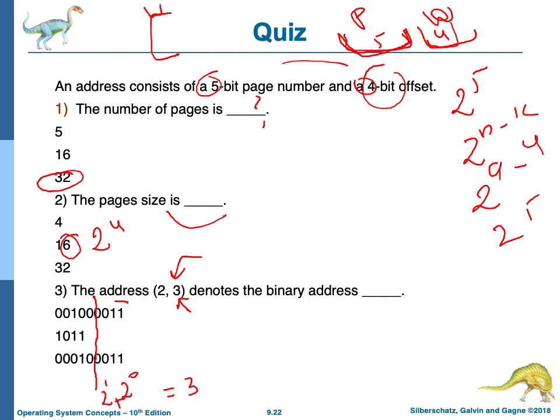So this is 3. And then which one of these, so basically not this one. So which one of these represents number 2? So again, this is 2 to 0, which is in this case 0, and this is 2 to 1. So this address is 2. So this is the correct representation in binary.